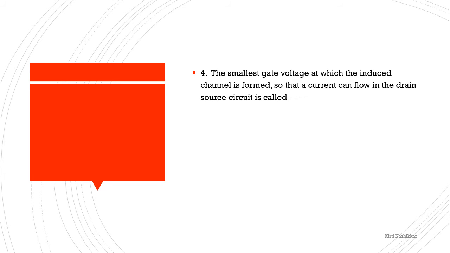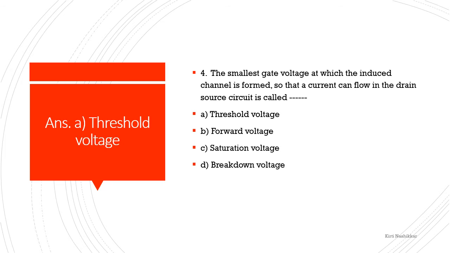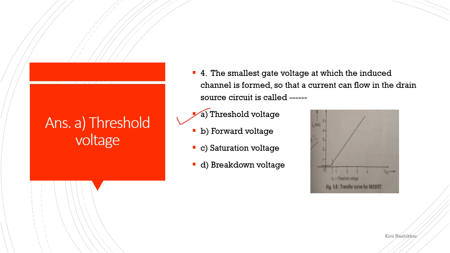The smallest gate voltage at which the induced channel is formed so that a current can flow in the drain source circuit is called as, so this voltage is actually called the threshold voltage, and here we can see it. After crossing this voltage only we will get the channel between the two drain and source terminals.